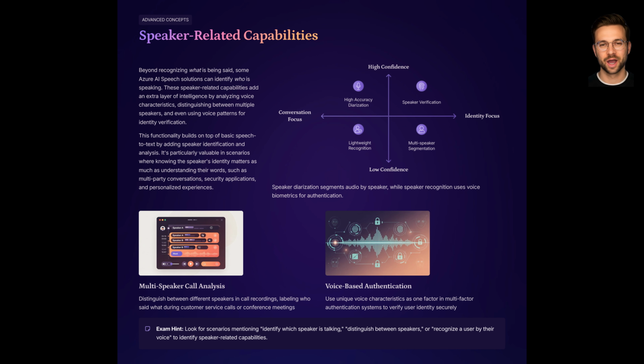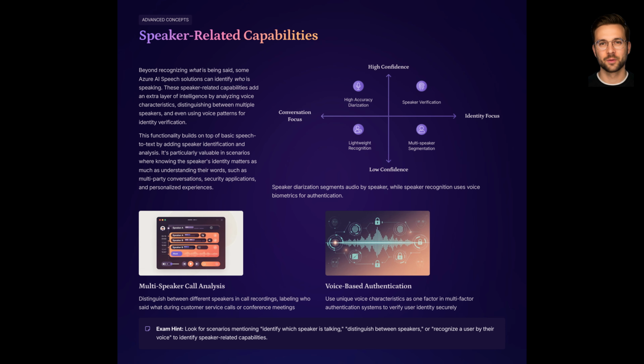Now let's briefly talk about speaker-related concepts. Some speech solutions also consider who is speaking, not just what is being said. Although AI-900 does not expect deep details, you should be aware of the idea. Examples of speaker-related features might include identifying which participant is speaking in a multi-speaker conversation, verifying a speaker's identity with voice as a factor in authentication.